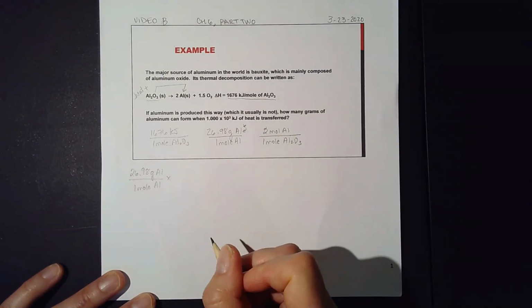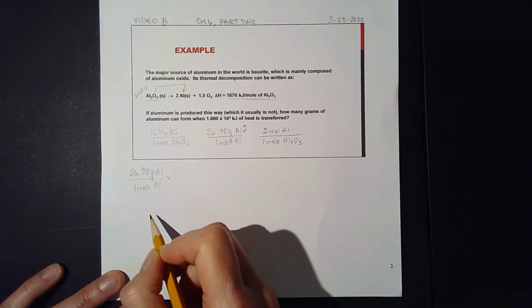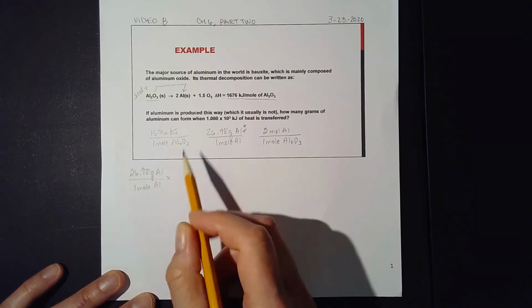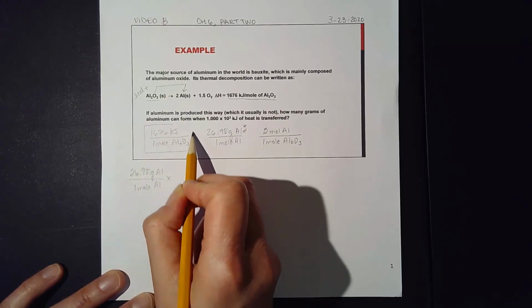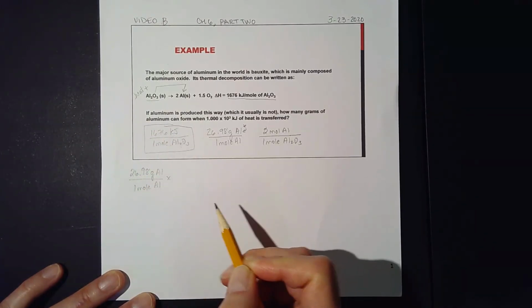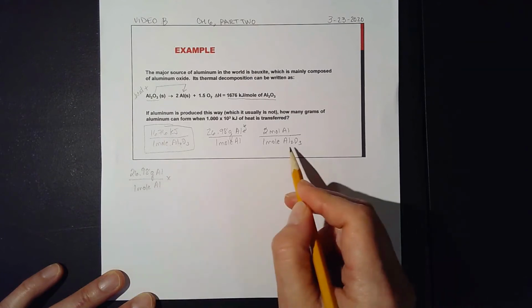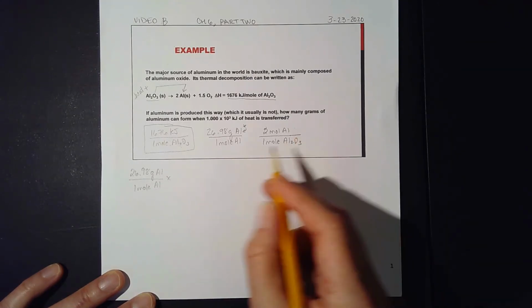Okay. So I need to get rid of moles of aluminum on the bottom, and I also need to at some point use this, which has aluminum oxide in it. So it makes sense at this point to go ahead and get from aluminum to aluminum oxide.